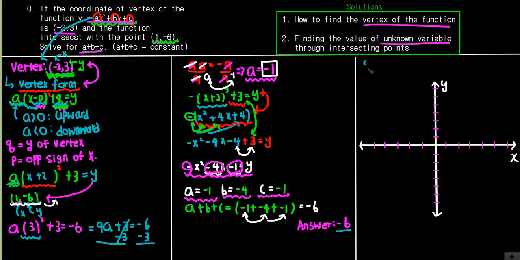Let's write our function down, which is y is equal to ax squared plus bx plus c. But we converted this into our standard form, which was negative x squared minus 4x minus 1.